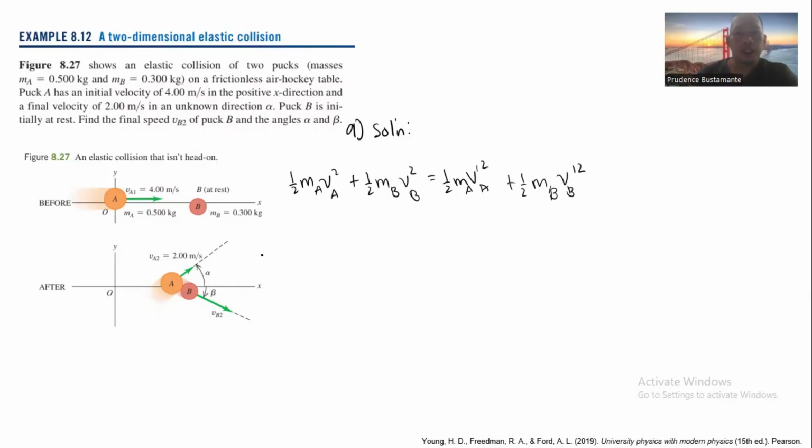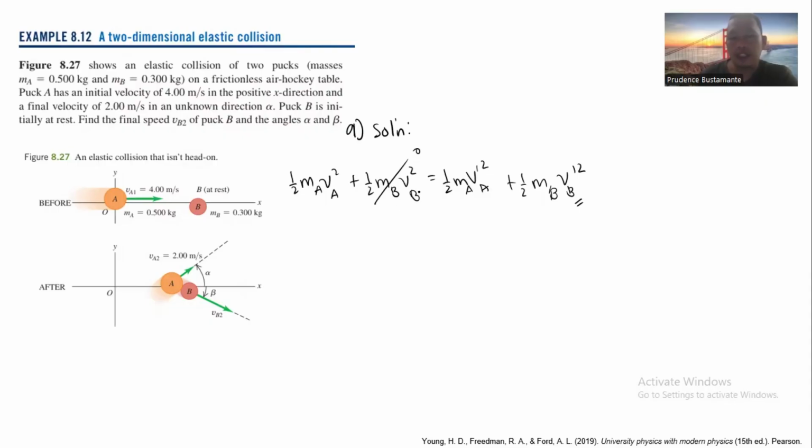Okay. Here we know that B is at rest, so the initial velocity of B is 0. Our target variable here is the final velocity of puck B. The final velocity of A is given.